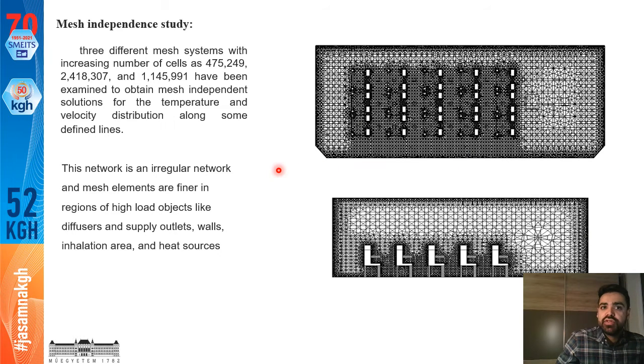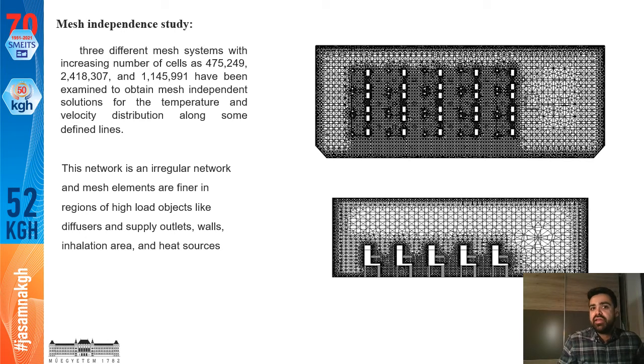For the mesh independency study, what we did was create 3 different mesh systems with an increasing number of cells, from almost 400,075 up to 2,400,000, and also 1,145,000.